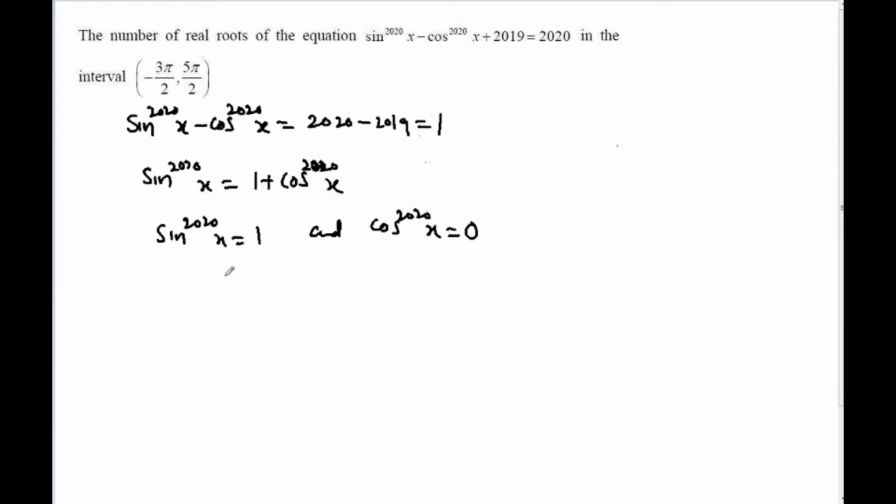So from these relations, sin x is equal to 1 and cos x is equal to 0. In the given interval minus 3 pi by 2 to 5 pi by 2, x is equal to minus pi by 2, pi by 2 and 5 pi by 2. These are the solutions of the given equation.